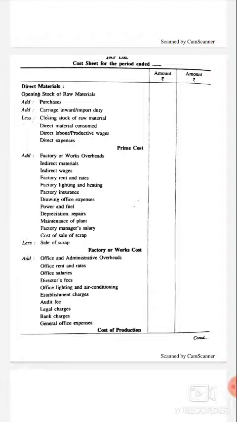These are the examples of factory overheads. We less sale of scrap. When we add factory overheads in prime cost, we will obtain factory or works cost.